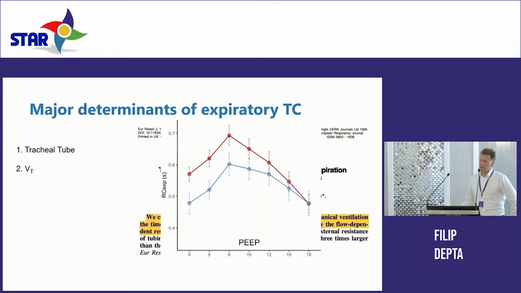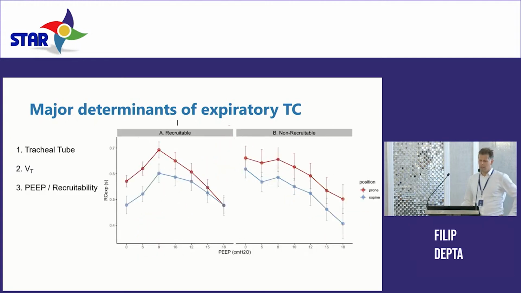Second is the tidal volume. And this is closely related to recruitability. So if tidal volume increases, the lung emptying prolongs. So the time constant is longer. In the COVID era, we performed a trial where we performed 54 PEEP titrations in COVID alpha patients in both prone and supine positions, and we divided them.